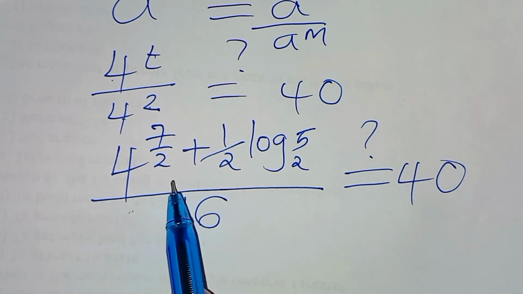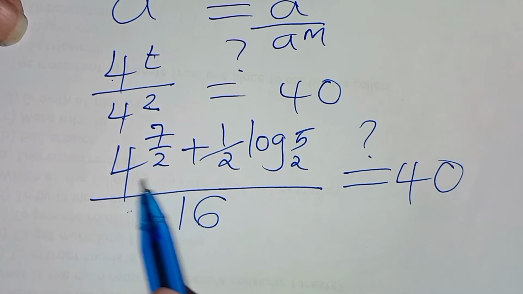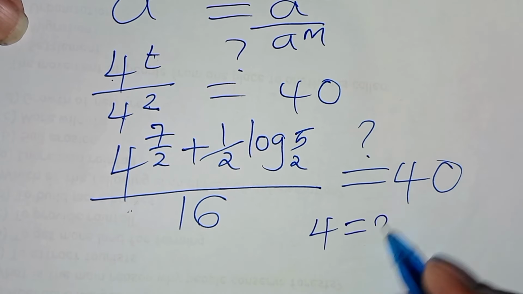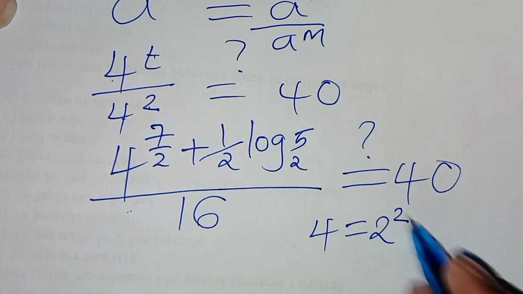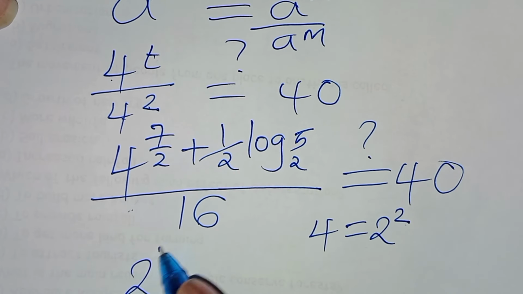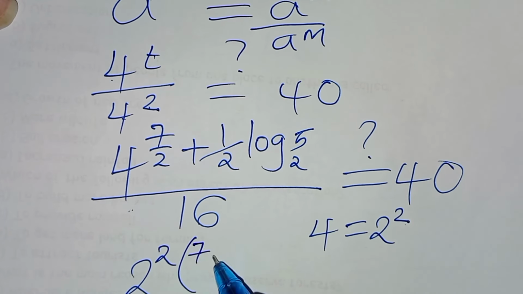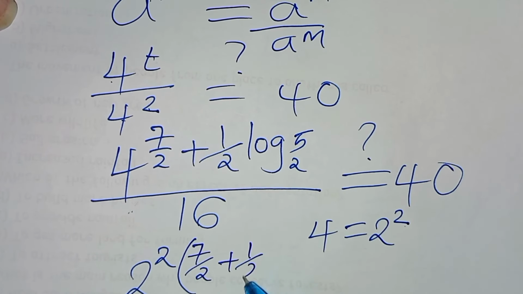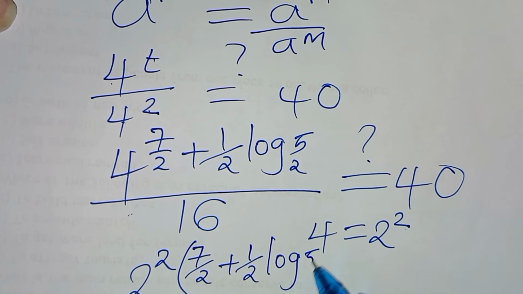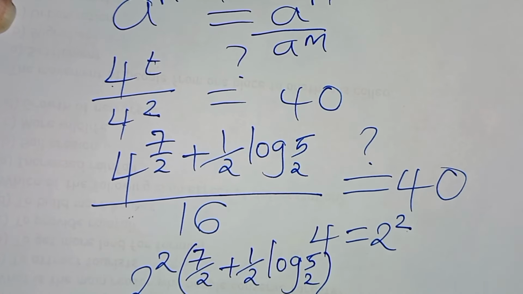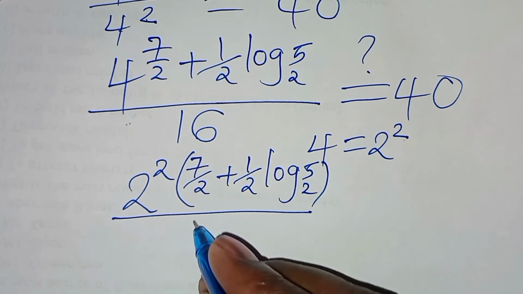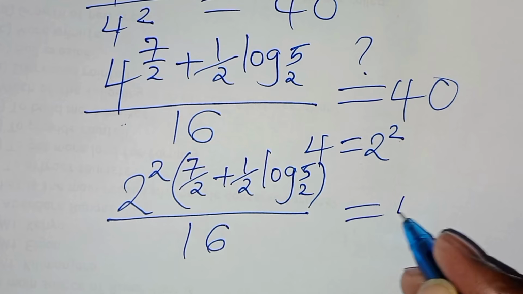The next step, let's write this 4 as 2 to power 2. Substituting this, we'll have 2 to power 2 multiplied by 7 over 2 plus a half log 5 to base 2, all this divided by 16, which should give us a value of 40.